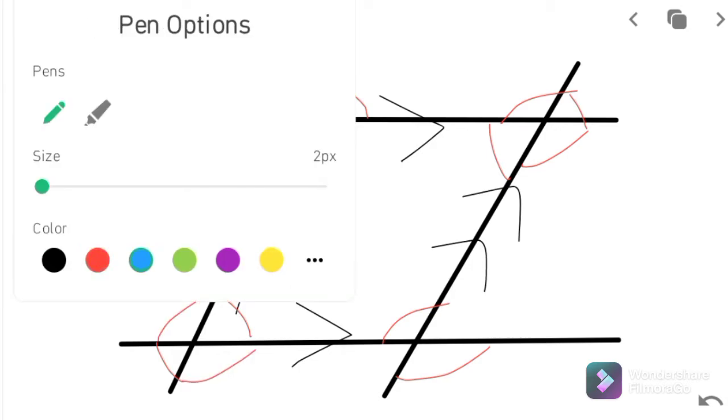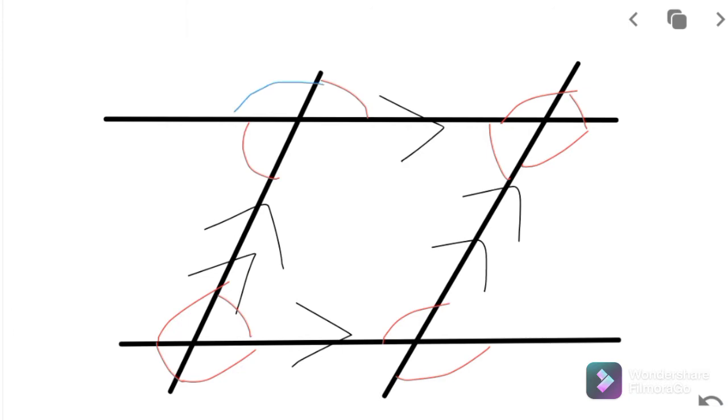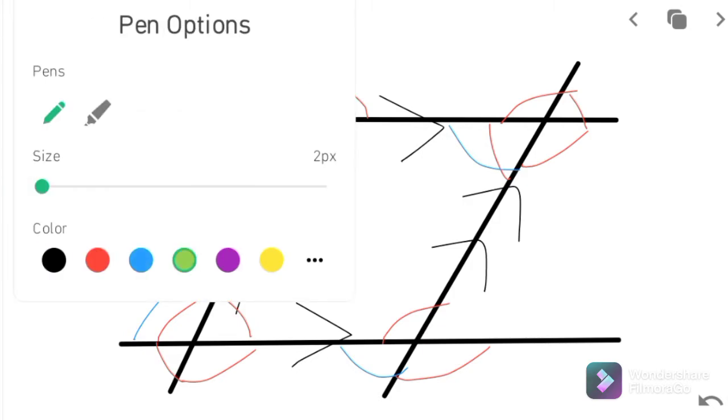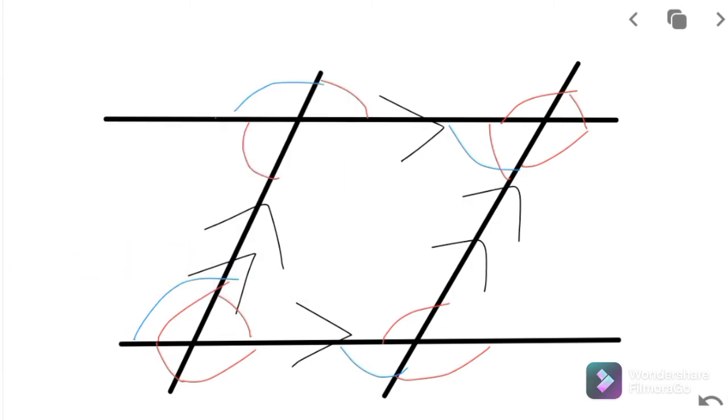We can say that this place and this place, the blue ones, are our corresponding angles. Here and here are what we call the corresponding angles. And then I'm going with a Z shape. I'm going to use here and here to represent a Z shape for the alternate angles.